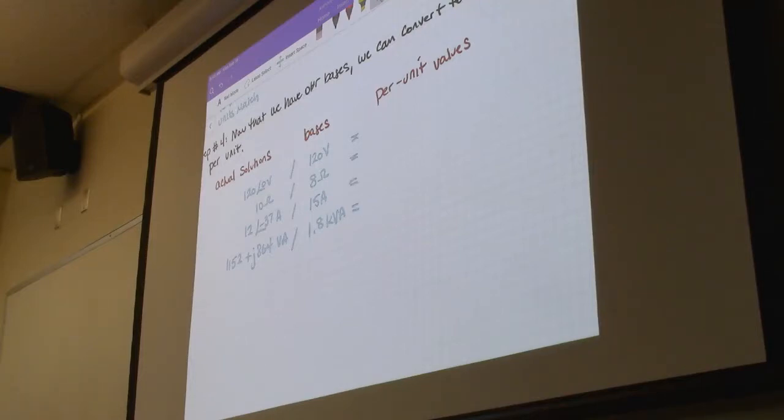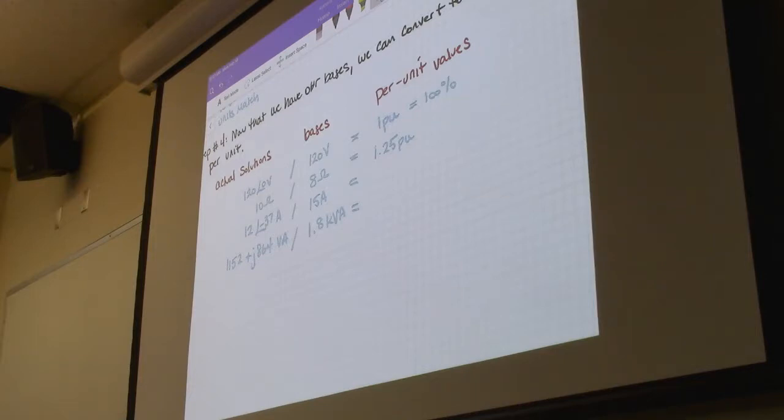And so the numbers that I got when I did this last time, obviously this one's going to be 1 per unit, or 100% of the rated value. The second one is going to be 1.25 per unit, or 125% of the rated value.